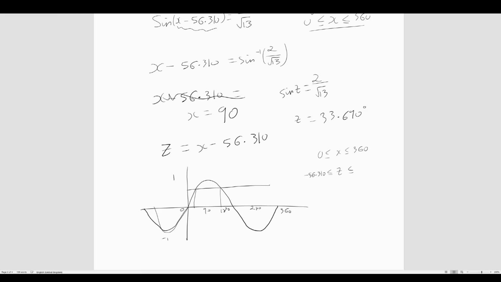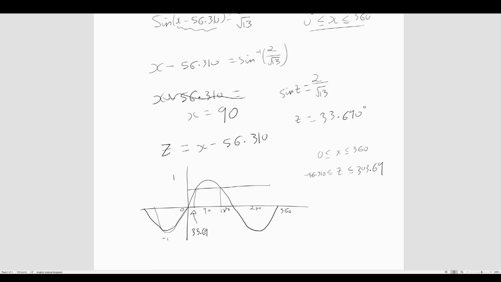So that's going to be about 303.69. So if I find my z values in this range, it'll automatically get me the x values once I transform it.